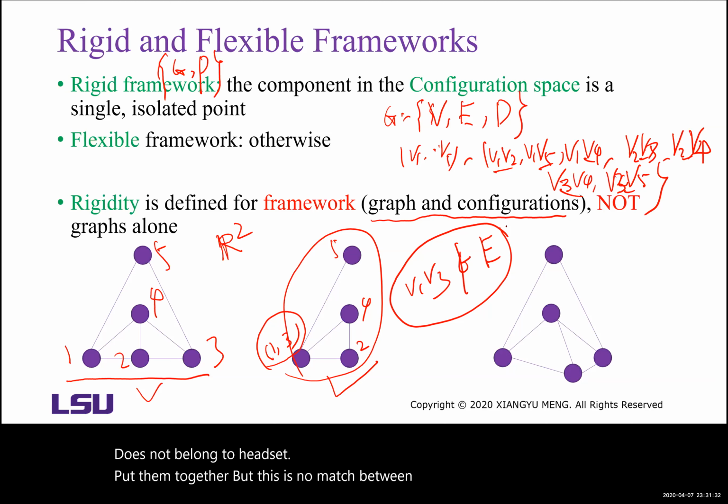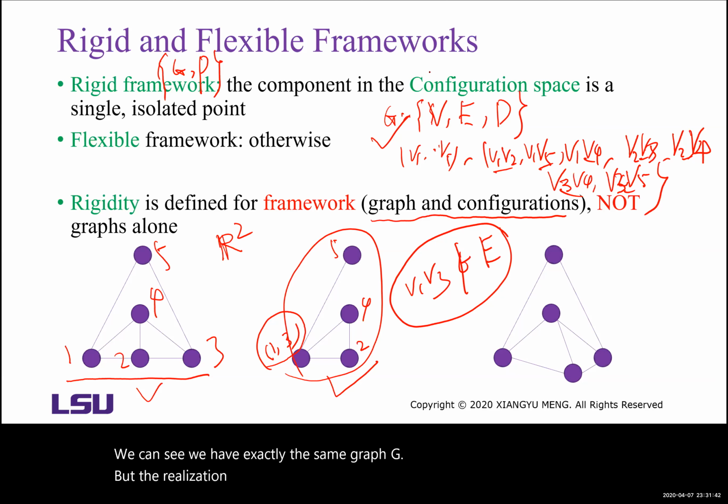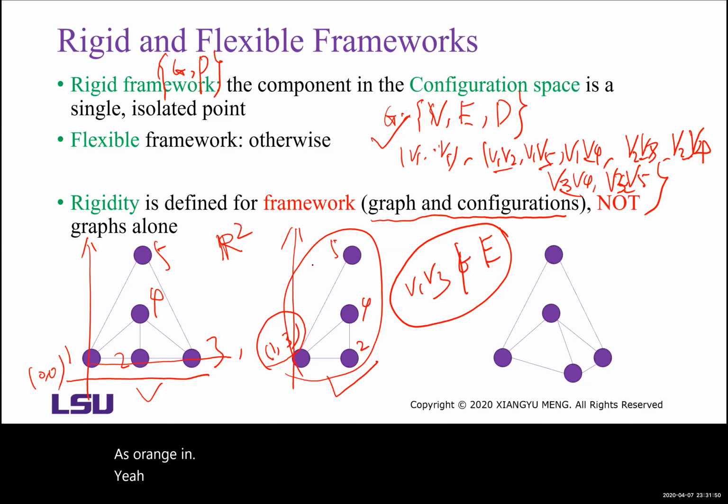We have exactly the same graph G, but the realization is different. If we put agent 1 as origin, you can see they have exactly the same graph, but different realization.